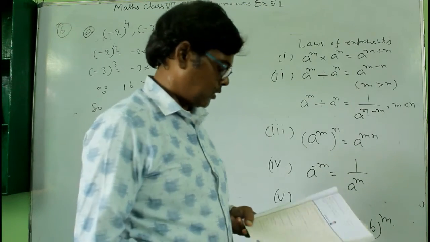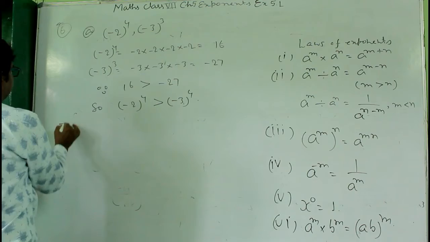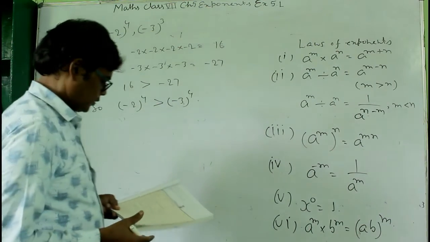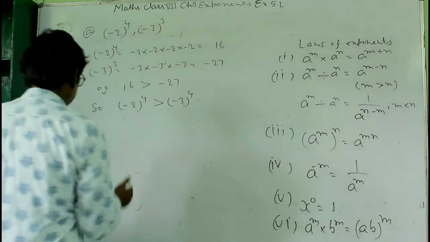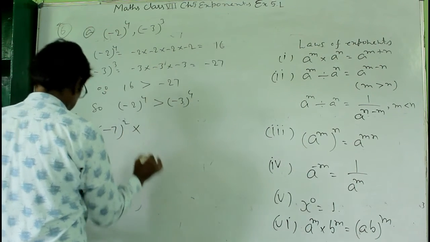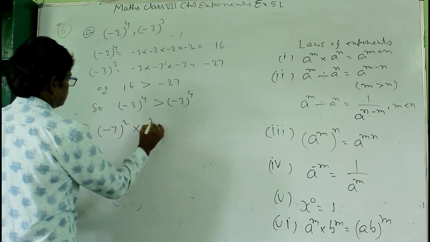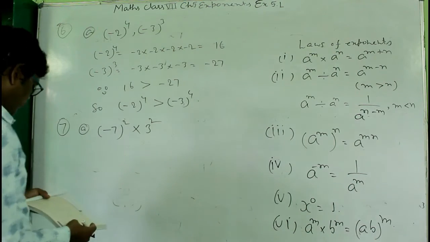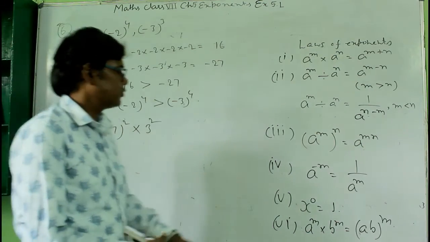Similarly, in question number 7 we have to simplify. Simplify means find the values. Question A: minus 7 whole square into 3 square. So we have to simplify this. Now see here, you can use this formula.